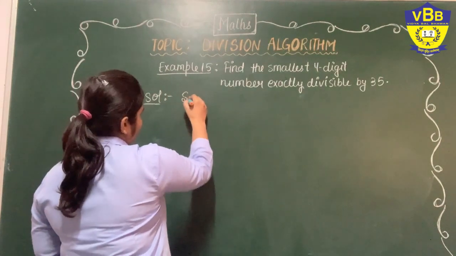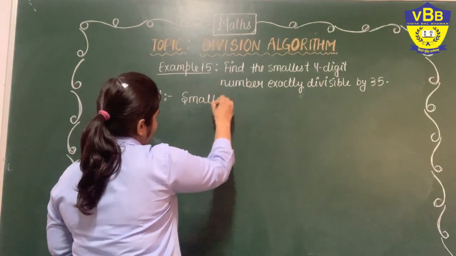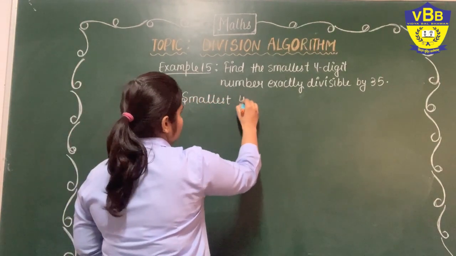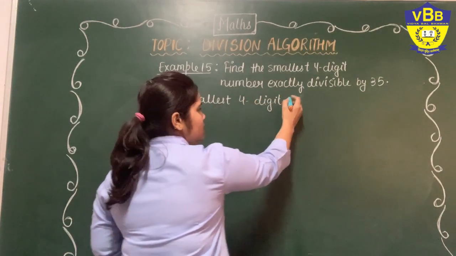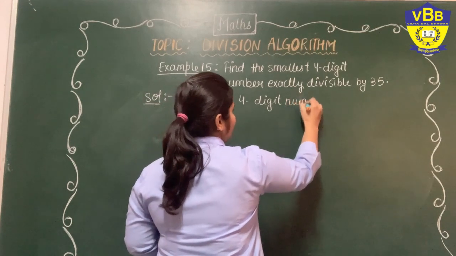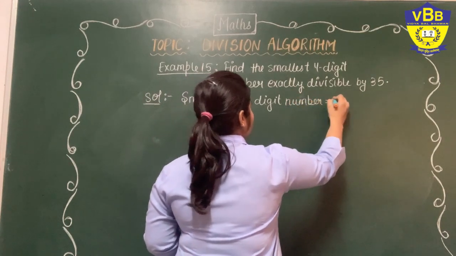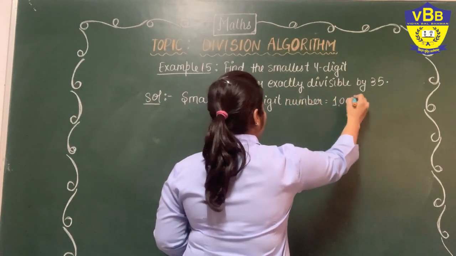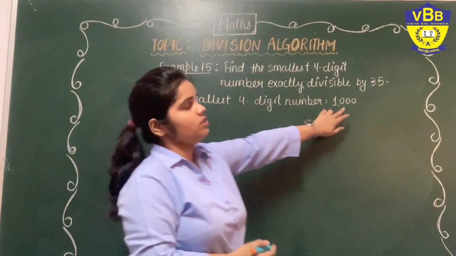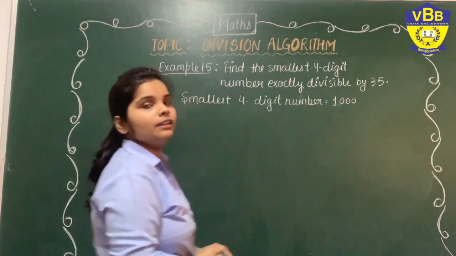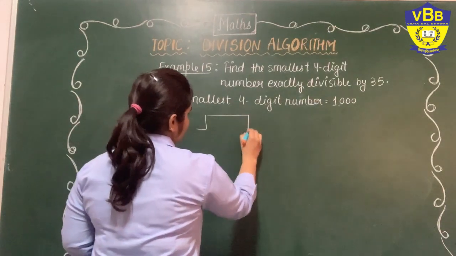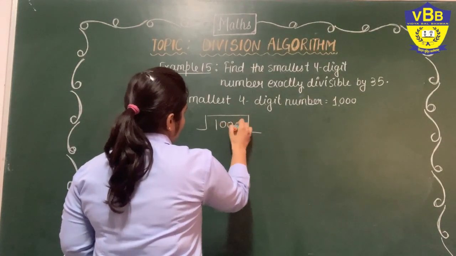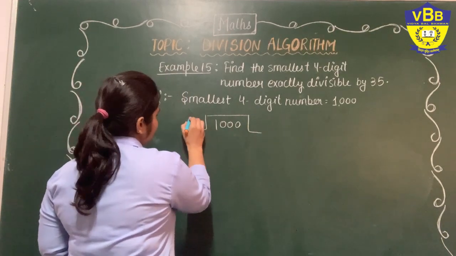First we will write smallest 4-digit number is 1000. Now we are checking if the smallest 4-digit number is divisible by 35. For that, divide 1000 by 35.